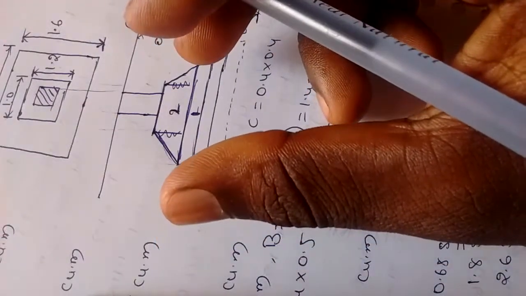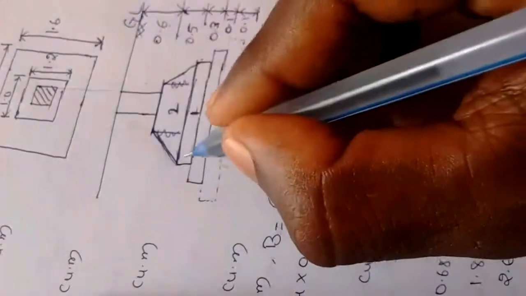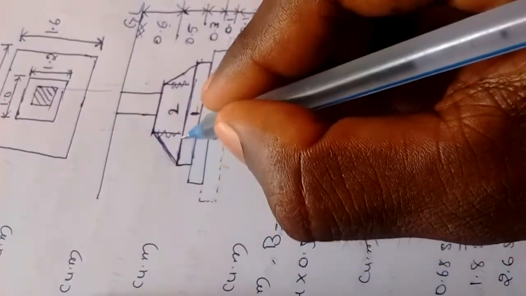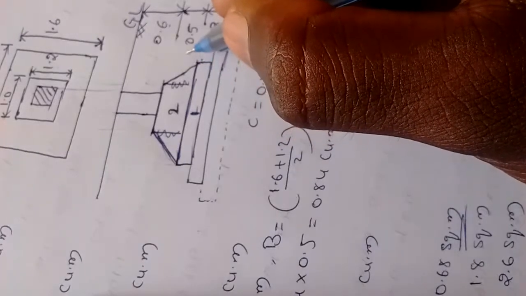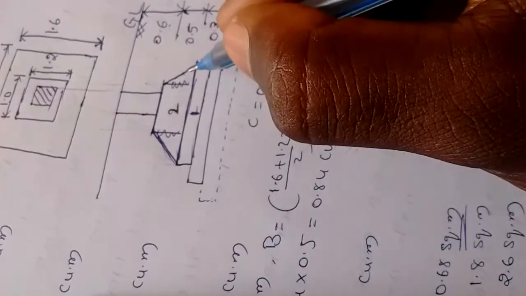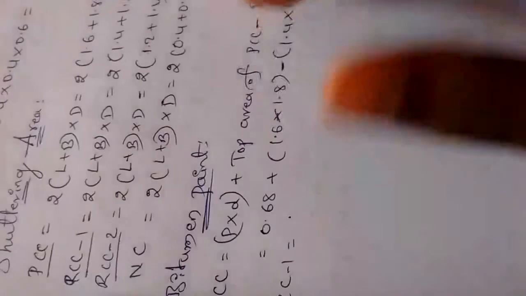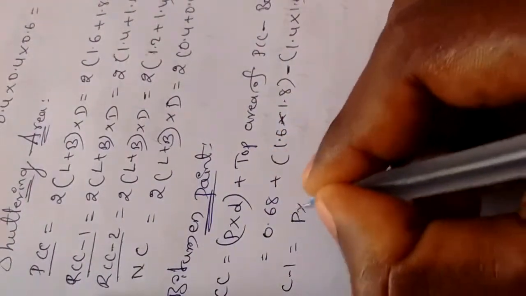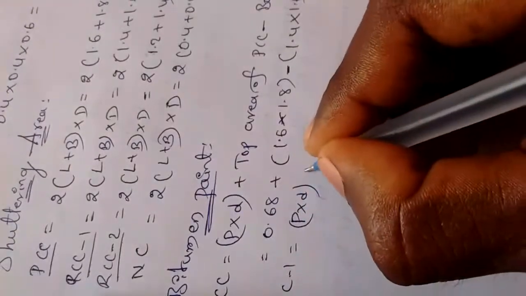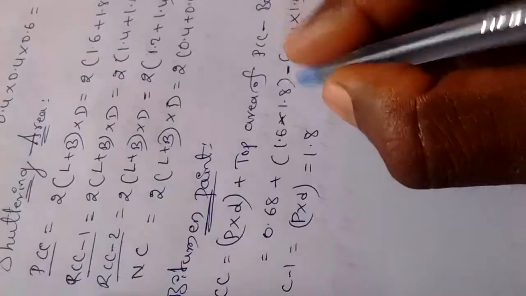The top of the footing is covered by another part of the footing, so you don't apply on top. Simply apply bitumen on the shuttering area only. Perimeter into depth, shuttering area equals 1.8 square meters.